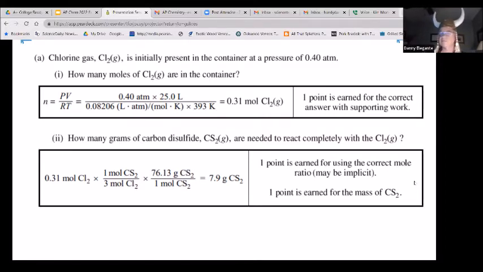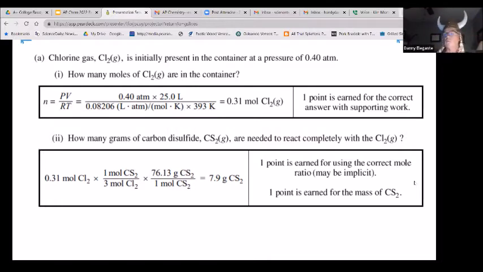So 12 plus 32 plus 32 comes in somewhere close to 76. All right, so wow, you get 2 points just for doing some stoichiometry. So I want y'all to realize that in a 10-point question, you get 3 points just for doing stuff you learned in regular chemistry. So PV equals nRT, and 2 points for doing the stoichiometry.